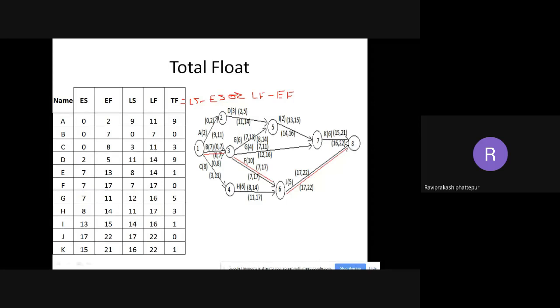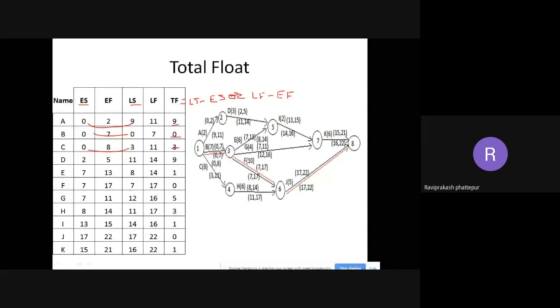So always, LS will be higher. The second one will be higher. The first one will be lower. I'll take start, so early start and late start. So this is 9 minus 0 is 9. So that is written here. That is your float. The second one, 0 minus 0 is 0. Next is 3 minus 0 is 3.